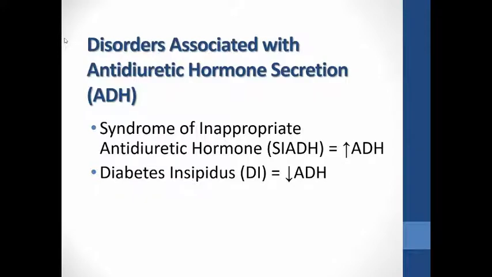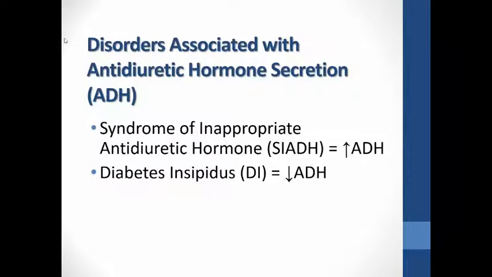Diabetes insipidus is when, instead of retaining fluid, you lose fluid accordingly. With diabetes insipidus, there's a decrease in the release of antidiuretic hormone. The causes for diabetes insipidus primarily are either a pituitary tumor resection, or it could be head trauma.